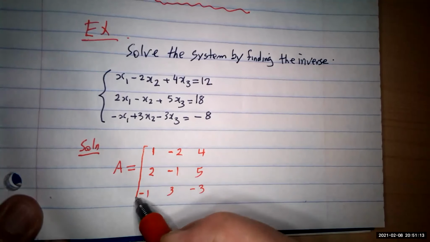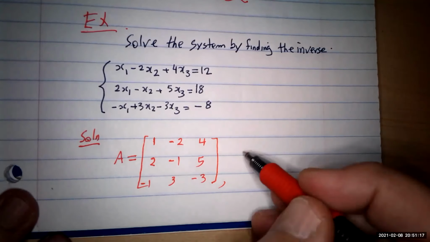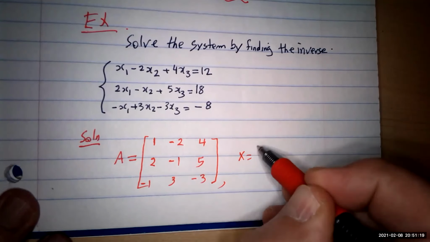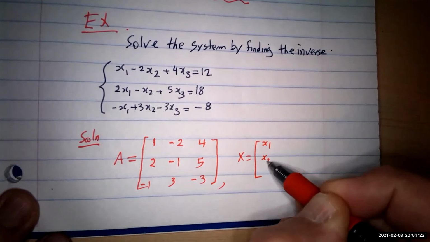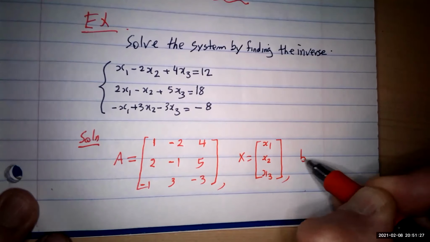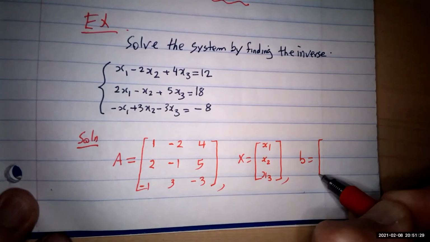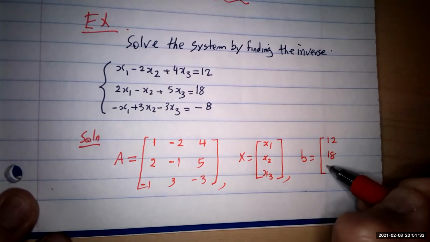This is the matrix of the coefficients. And the matrix of the unknowns, we know it: x1, x2, x3. And B is just the constant matrix, which is 12, 18, and negative 8.